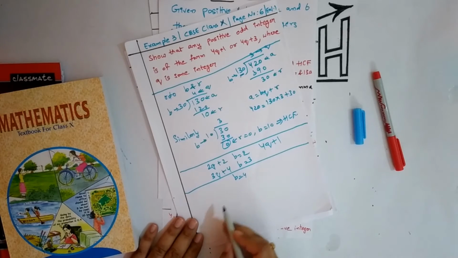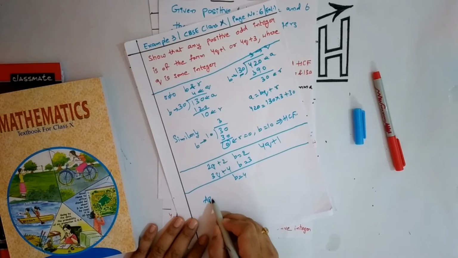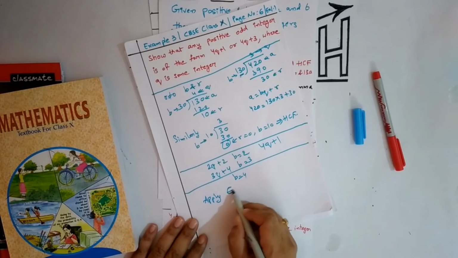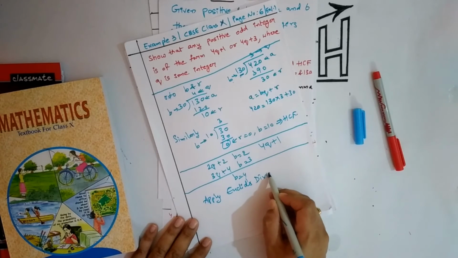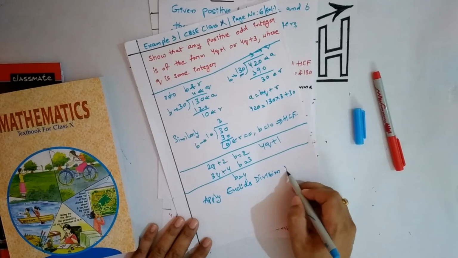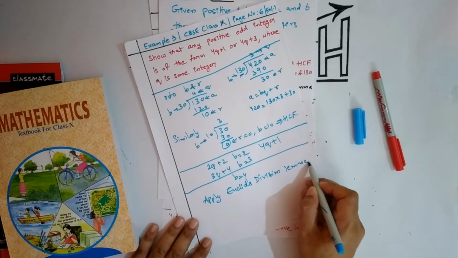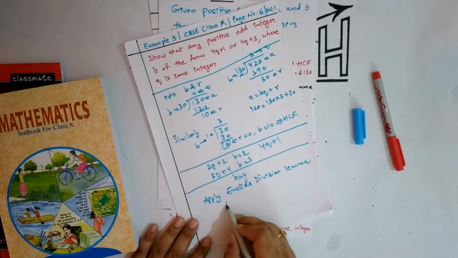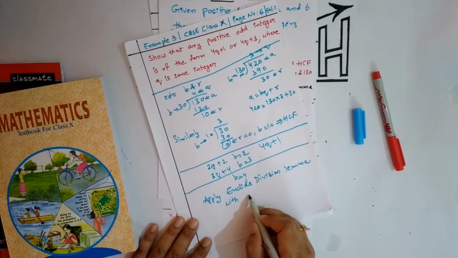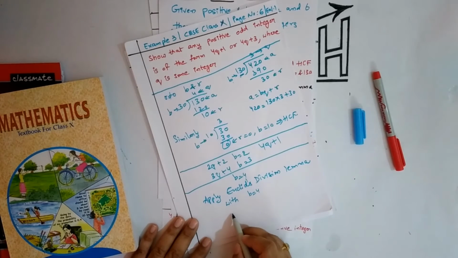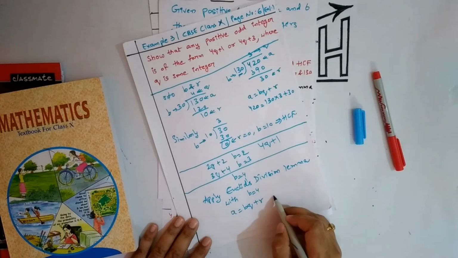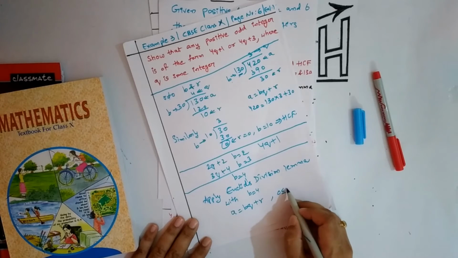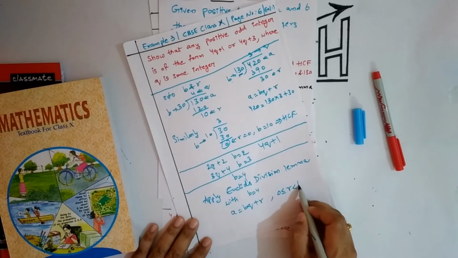So now what we will do is apply Euclid's division lemma with b equal to 4. a equal to bq plus r such that r is greater than or equal to 0 and r less than b.